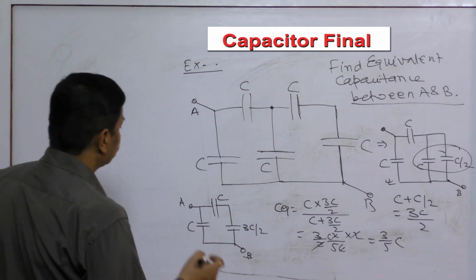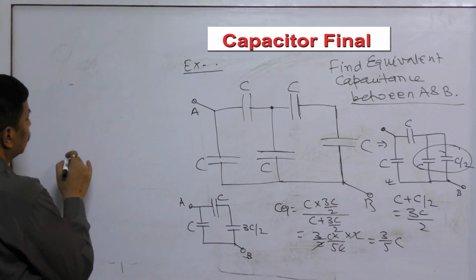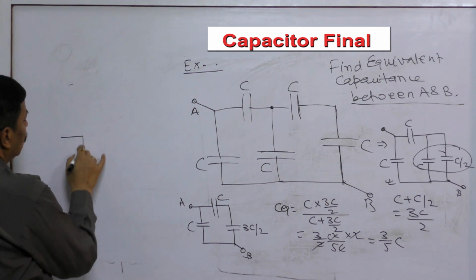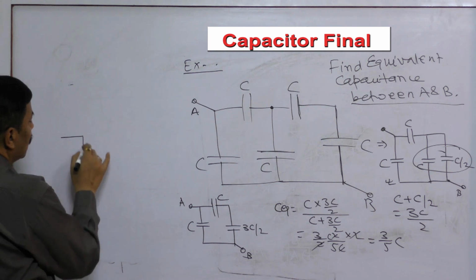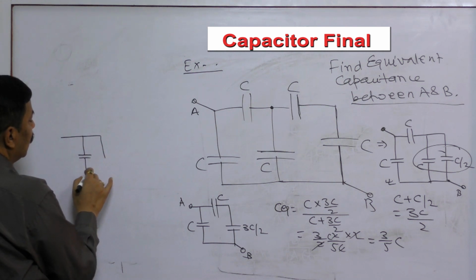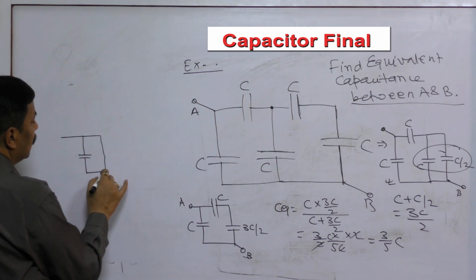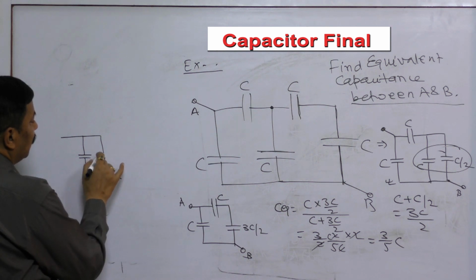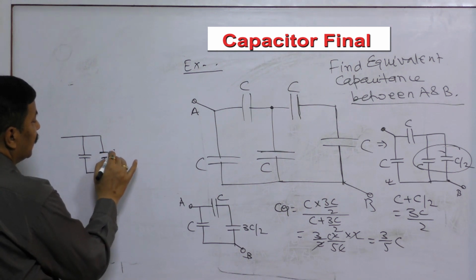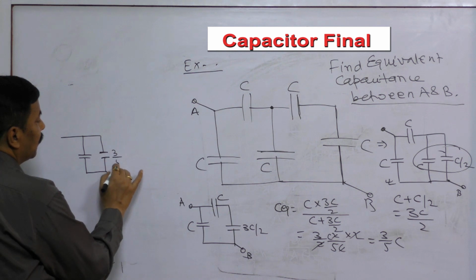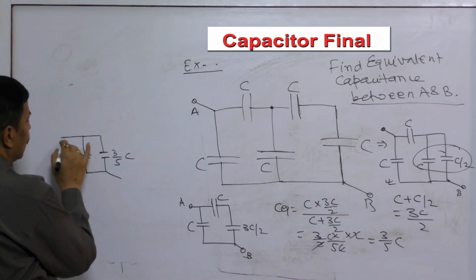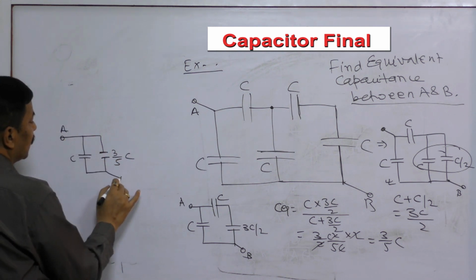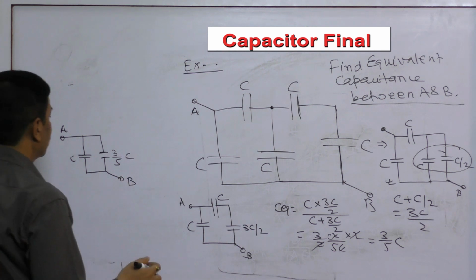So we are getting this value and this value. This is 3 by 5C and this is C. This is A, this is B. So what is our result?